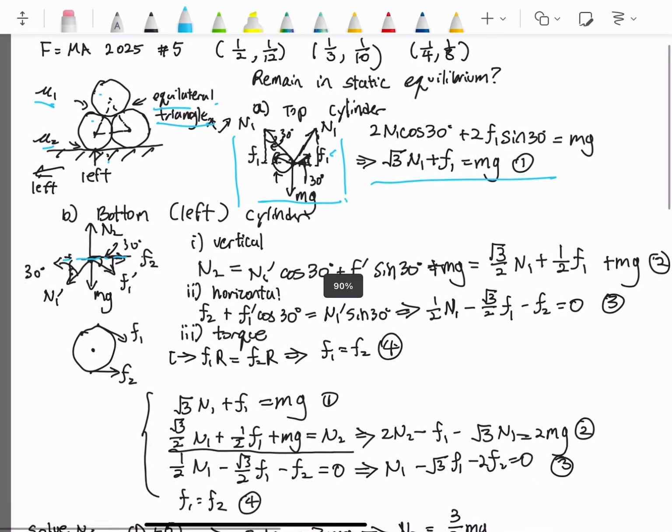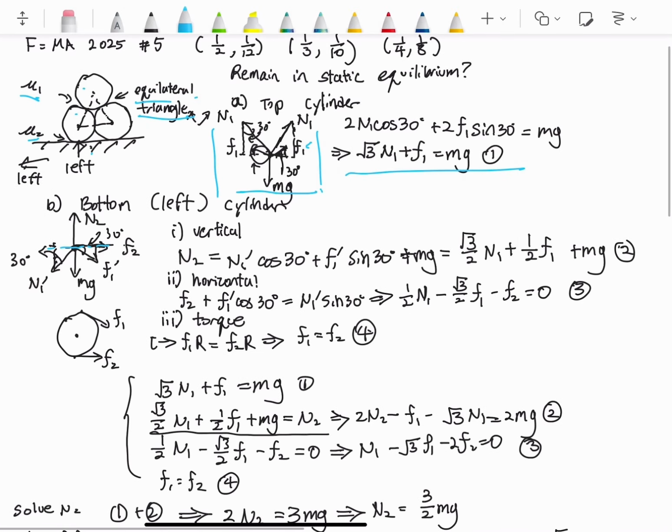And now we do a free body diagram on the bottom cylinder. For the bottom cylinder, we have the weight of the cylinder mg, as well as, according to Newton's third law, the frictional force between the top and bottom cylinder and N1.